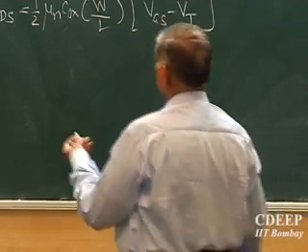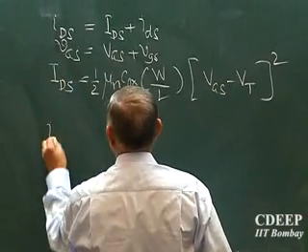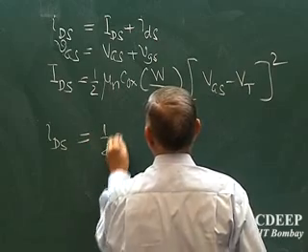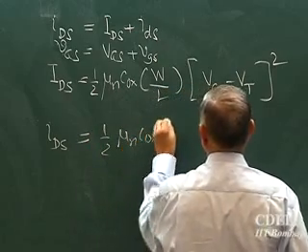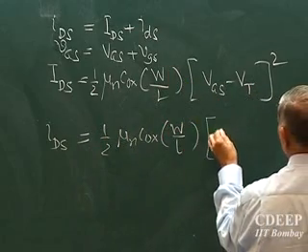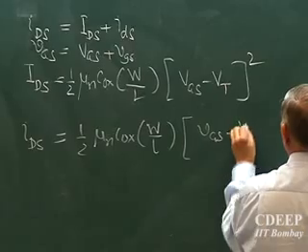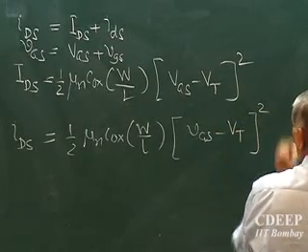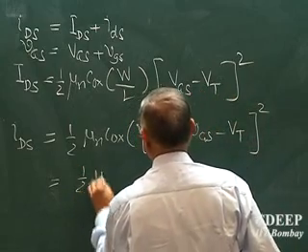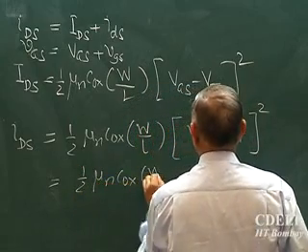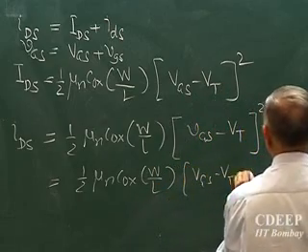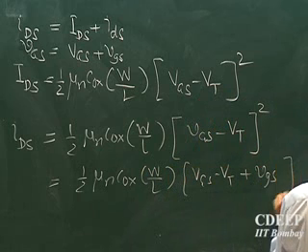So if I substitute this here, for IDS I have half mu n Cox W by L, and these are all constant, so I keep them here, and for VGS I substitute VGS minus VT square. If I expand this, I get half mu n Cox W by L (VGS minus VT plus vgs) square.